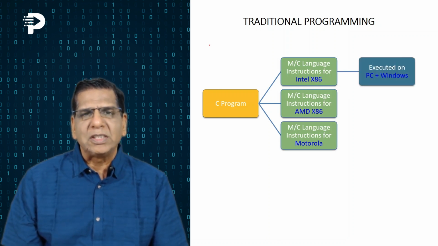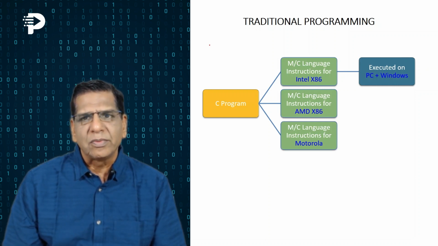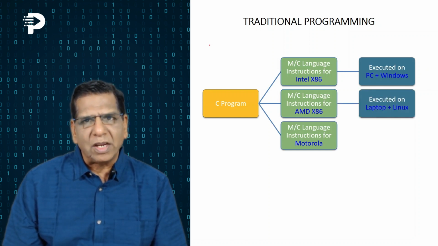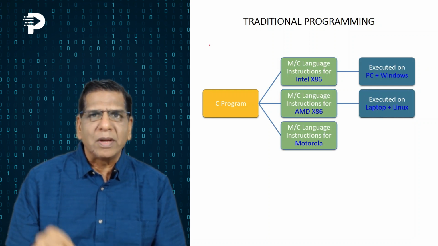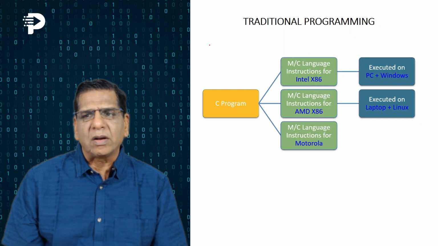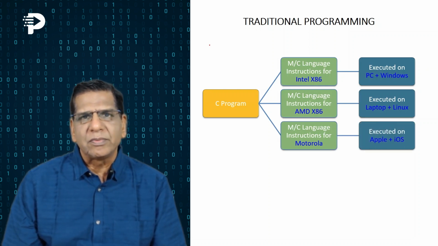And then this machine language code will be executed on, let's say, a PC with Windows installed on it. Or the machine language instructions created for AMD x86 may be executed on a laptop having Linux operating system on it. Or the program might get executed on Apple with iOS installed on it.